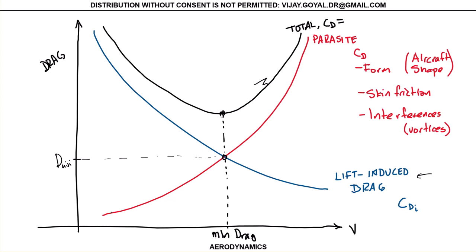And this is the location that typically, this is not the minimum, sorry. So this is the location that we are really looking for, this drag right here. That's the design point. You cannot go any further down than that.